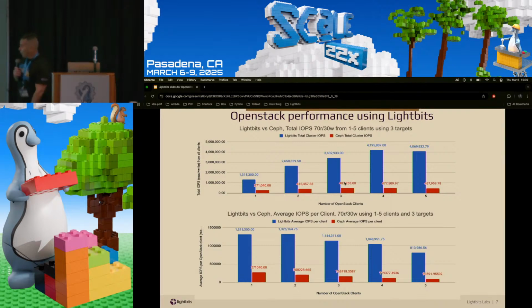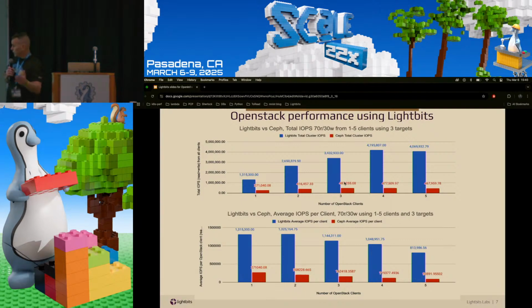These are some performance numbers comparing with Ceph using OpenStack. What you're seeing is basically several VMs running on several OpenStack clients, all utilizing a 3-node Lightbits cluster.